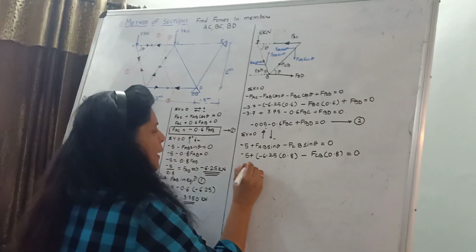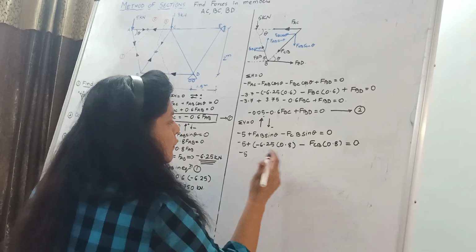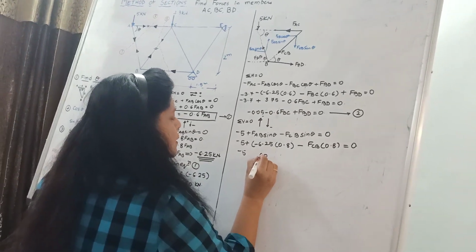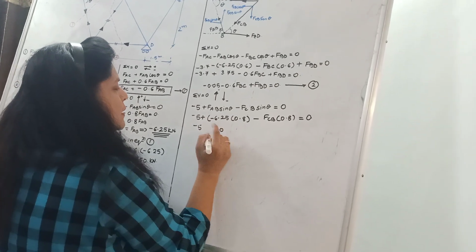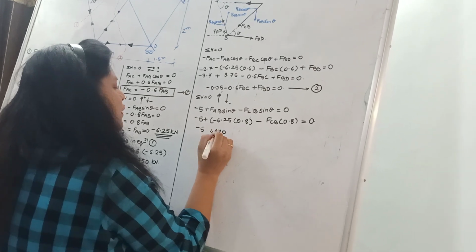Okay. So minus 5, then 6.25 into 8, what it will be? 5 2s are 10, 8 2s are 16 and 1 17, 8 6s are 48 plus 1 49. 4.9.